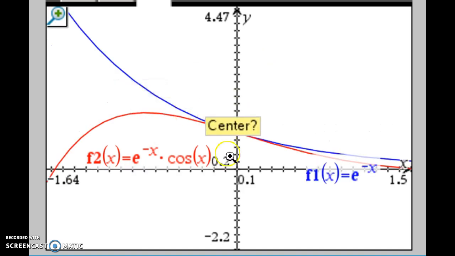So you see, it looks like at 0, the red curve and the blue one are coinciding. So it also looks like at that point, the graphs have the same tangent.